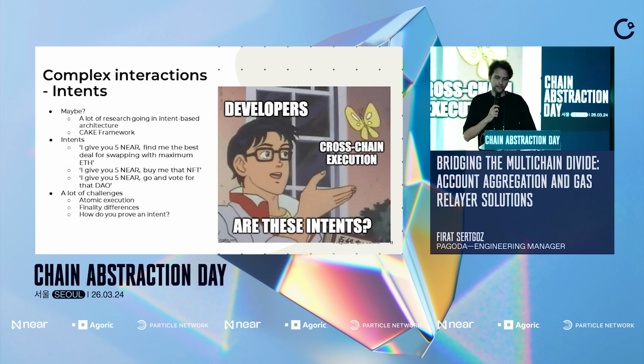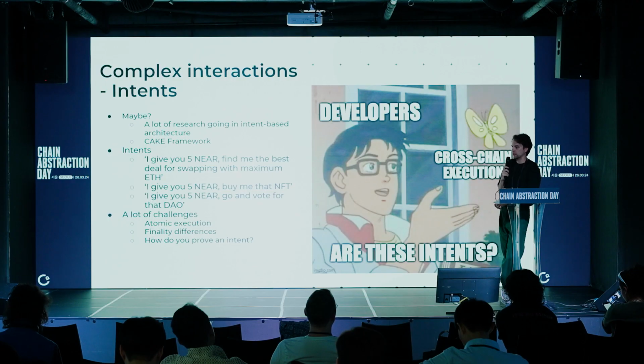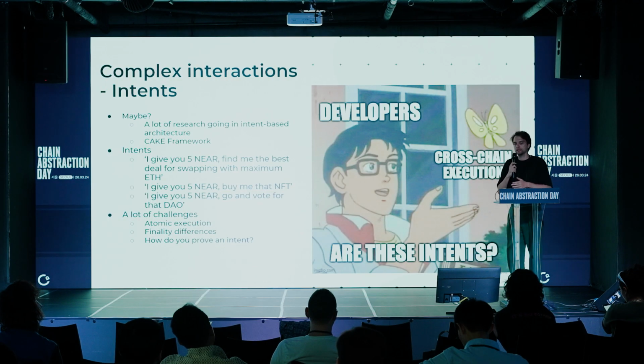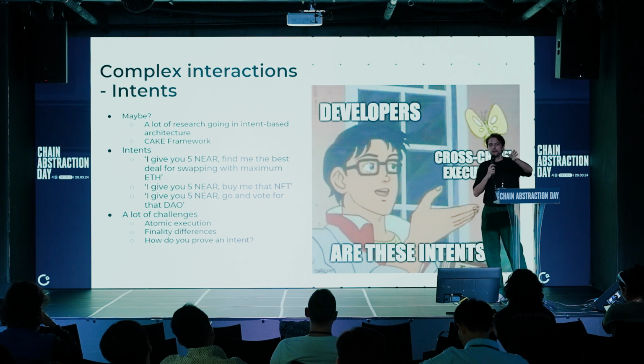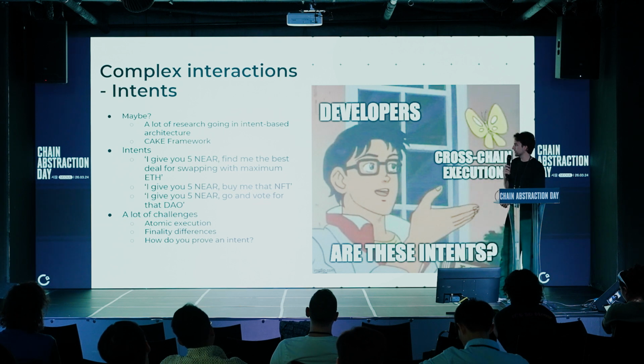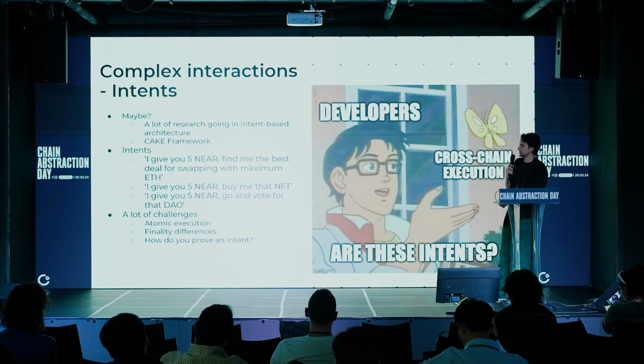Most importantly, how do you make these intents atomically execute? That is one of the most difficult things to do in a multi-chain world. How do you make sure a transaction actually comes from this chain and goes to that chain without these delays? And if the chain goes down, how do you revert? We're putting a lot of research into that.